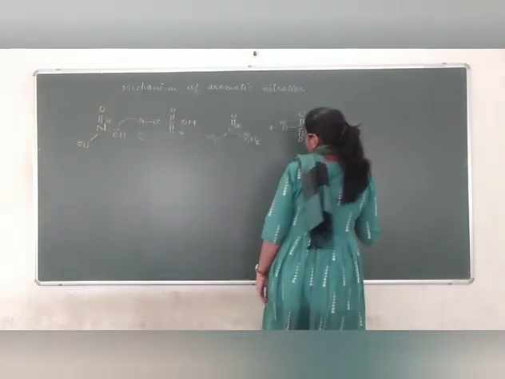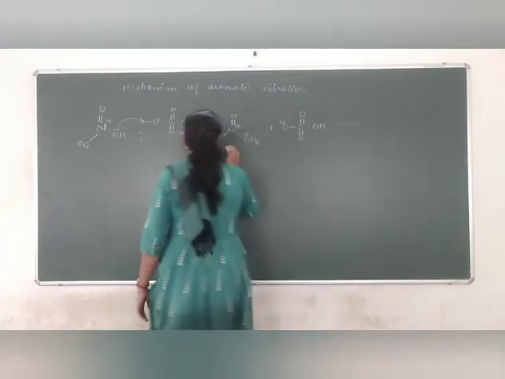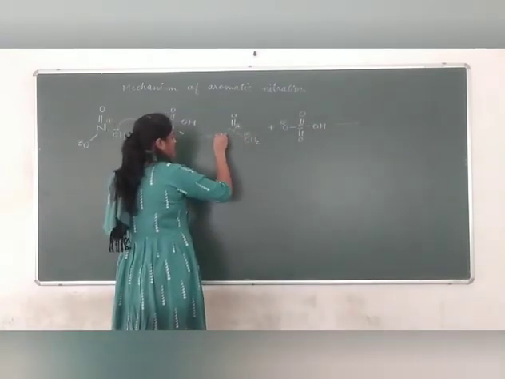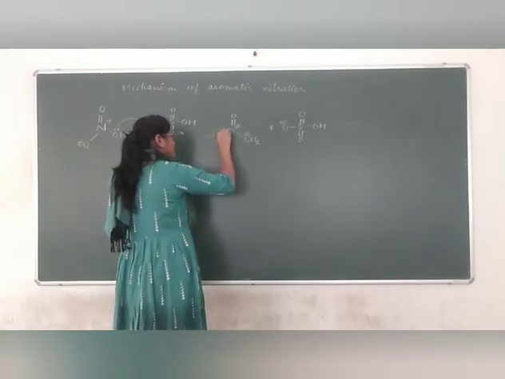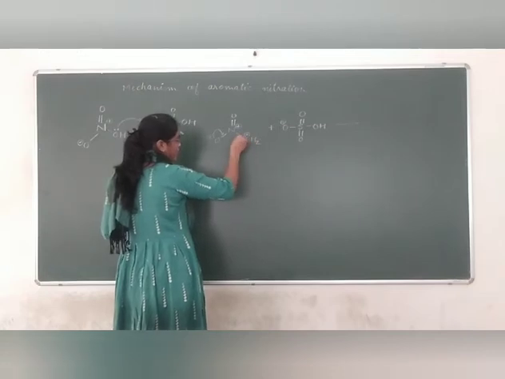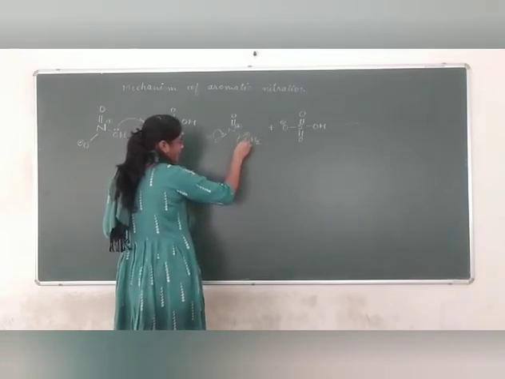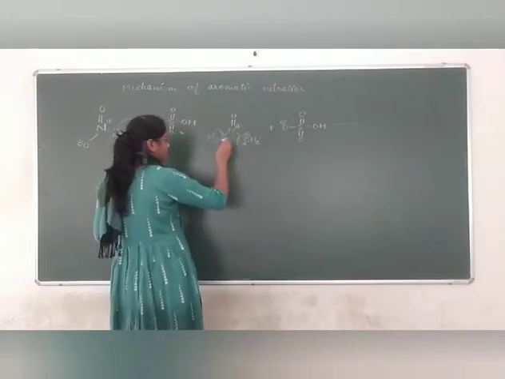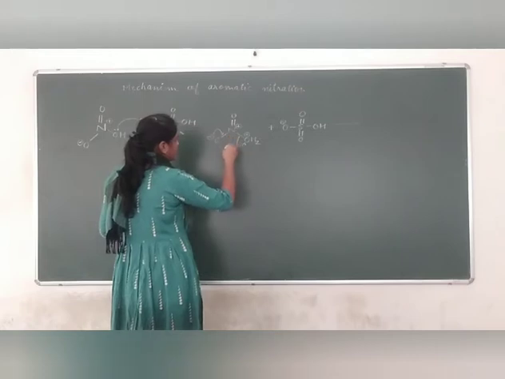Then in the next step, this minus charge gives its electrons over here. But first of all, it takes the pair of electrons over here, and by this way the reverse reaction also.